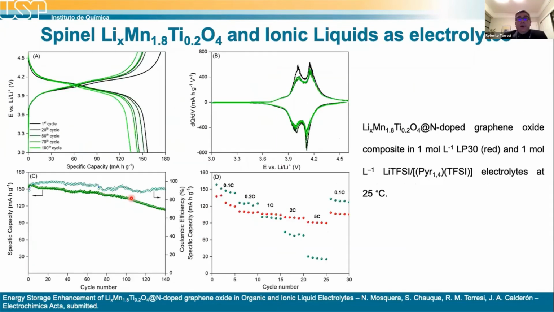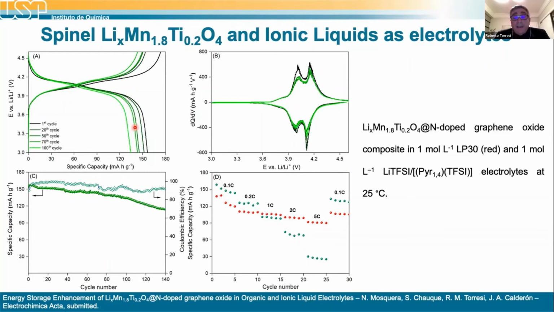Okay, so now going to the ionic liquid. Here we use the lithium TFSI salt with the pyrrolidinium cation, and here you have the curve. In black is the commercial one, in green is the ionic liquid.